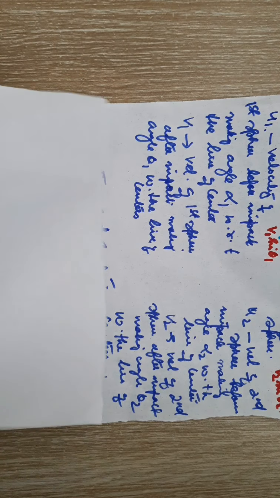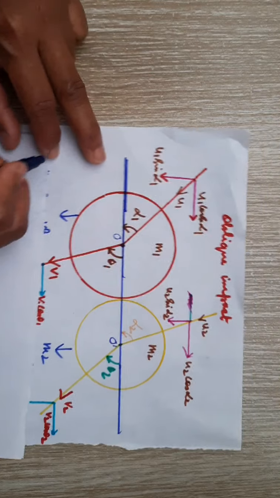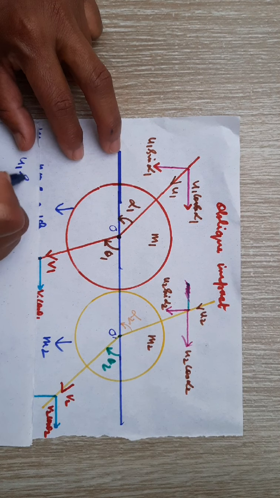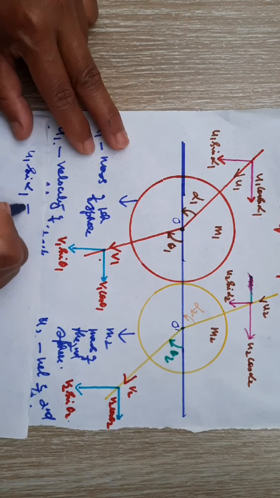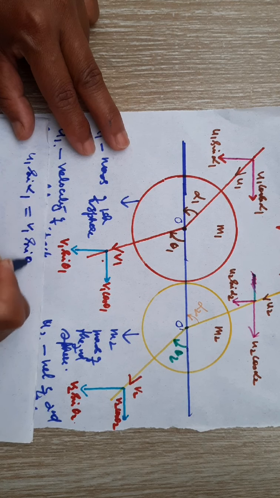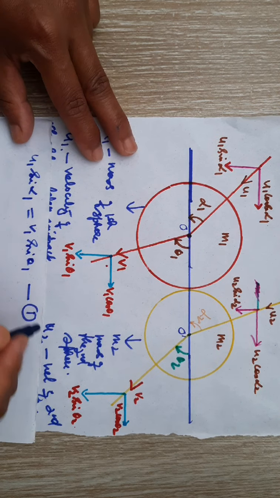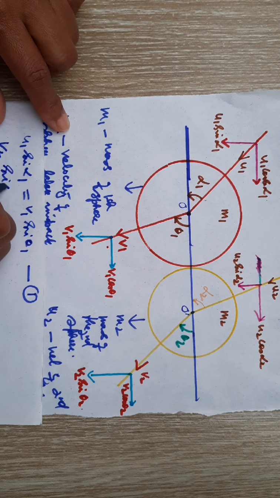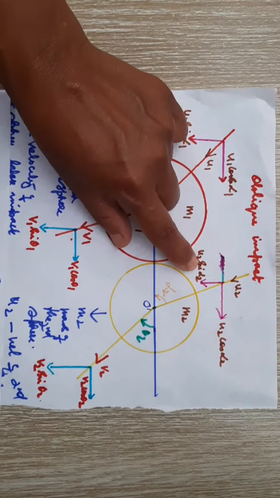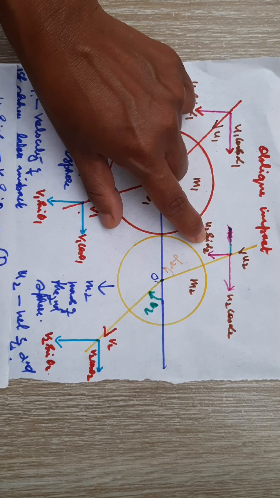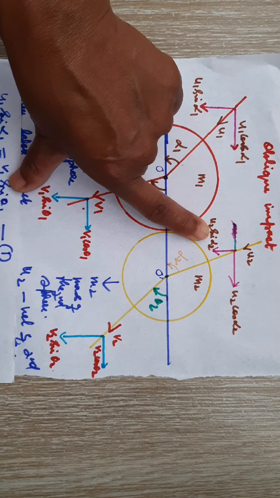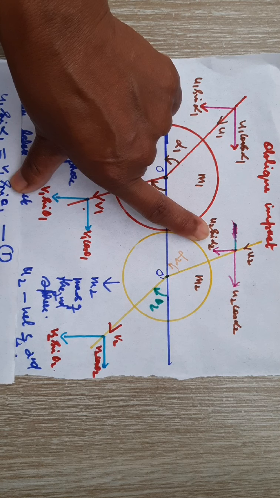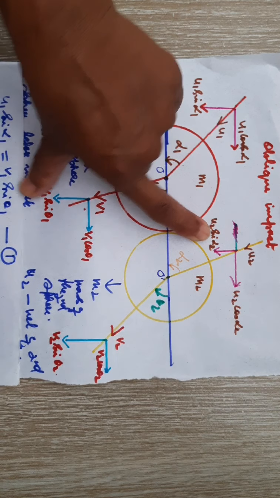It means that u1 sin alpha 1 will be the same as v1 sin theta 1. We denote it as equation 1. And v2 sin theta 2 will be the same as the component velocity perpendicular to the line of centers before impact, that is u2 sin alpha 2. Name it as equation 2.